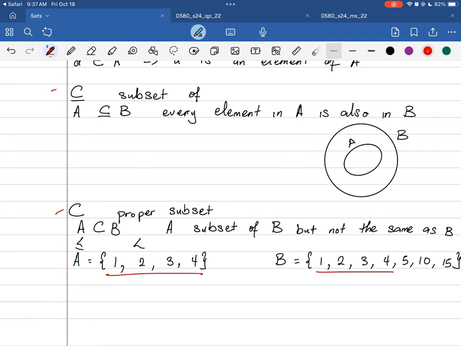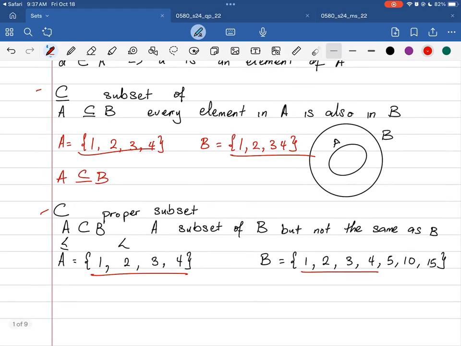But if A was 1, 2, 3, 4 and B is 1, 2, 3, 4, these are exactly the same, so you can say A is a subset of B. You rarely see cases like this, but that's how you differentiate both of them.